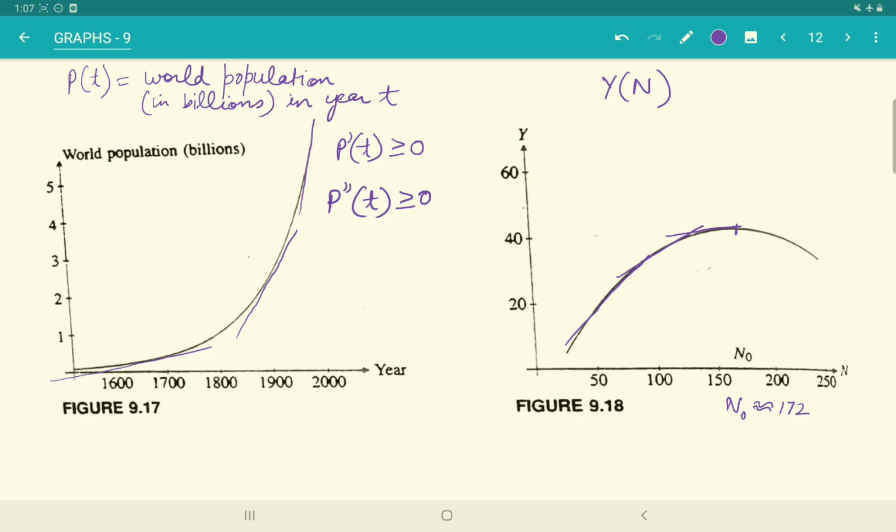On the other hand, if we go beyond n naught and keep on increasing n, I know that there is going to be a decrease in y, because now the function is decreasing. After n naught, the function is decreasing. But as we see here, the slope of the tangent keeps on decreasing.